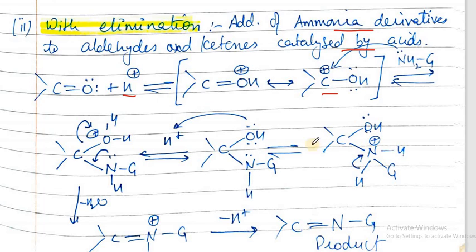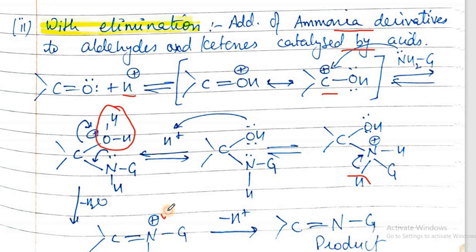This is in dynamic equilibrium: one hydrogen will neutralize this nitrogen, and now this is a neutral molecule. Then with H positive, this OH will get protonated, and now it is removed as water by taking the electrons of this, and this carbon will now have positive charge, which is compensated by the electron pair of nitrogen, and now nitrogen will have positive charge.